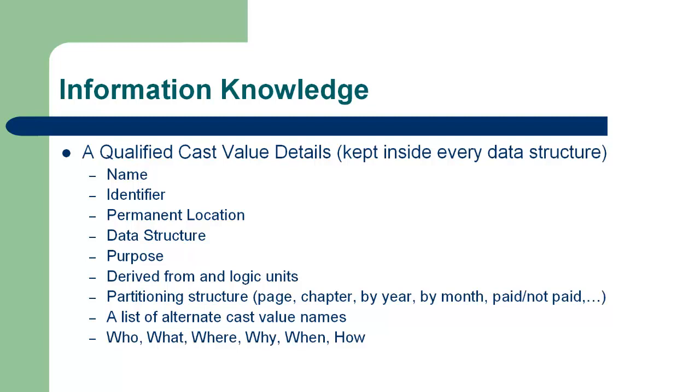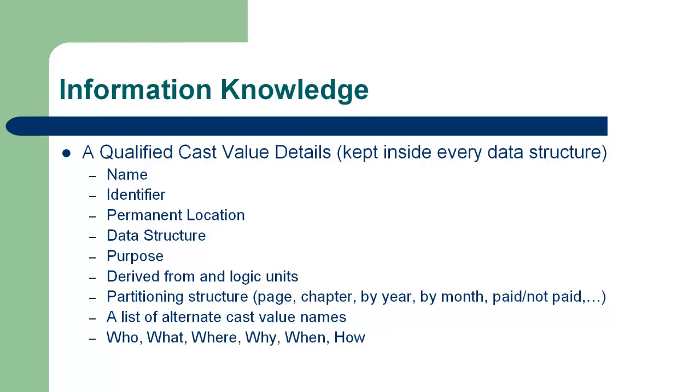Then we want a list of alternate cast value names. I have a file, and let's say it's cast as a set of bytes or bits, and then we could cast that as a carriage return, line feed, UTF-8 text file, but that text file might be cast as a CSV or DXF or whatever it is, so that we can cast it between all of these different things that it actually represents to somebody, to some application.